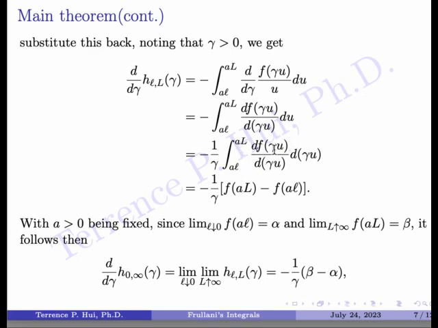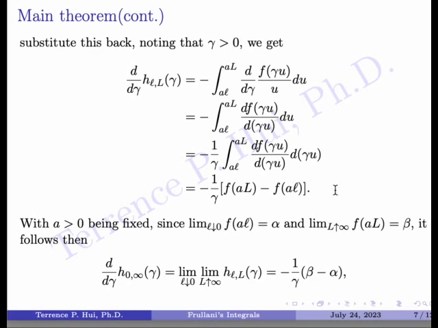So here is df of gamma u. Imagine we let v equal gamma u. So this is df of v over dv, and then dv. So the integral is just f of v, evaluated at capital L and little l. So this is f of capital L minus f of little l, all multiplied by negative 1 over gamma.